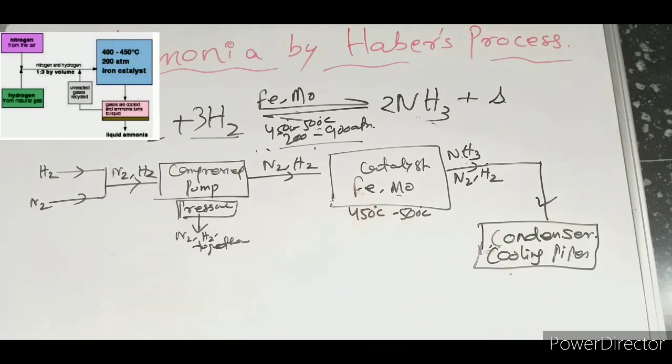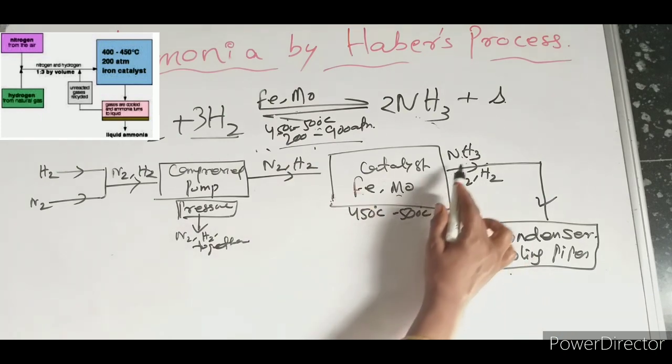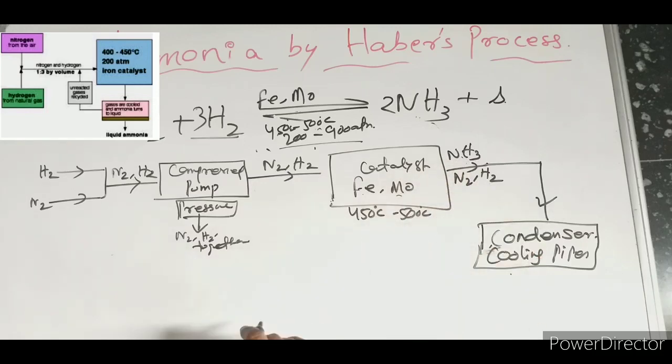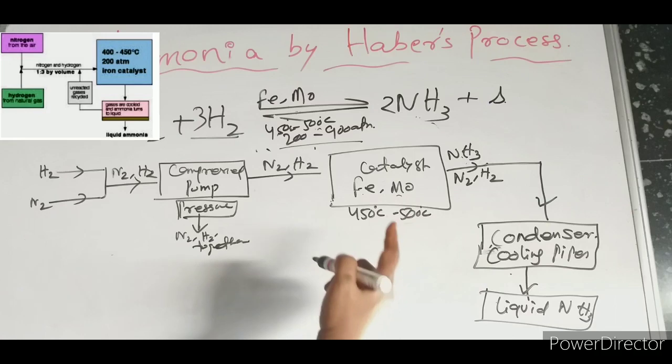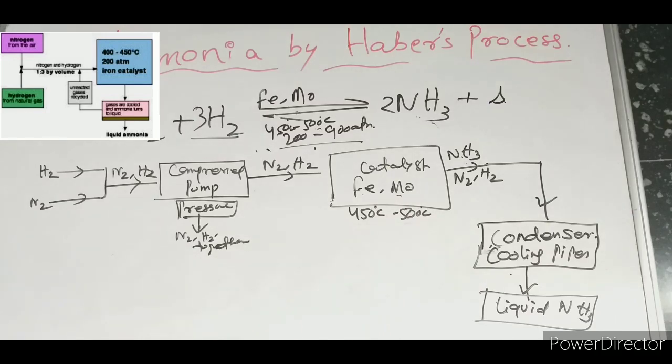When the gases are at a low temperature, all this nitrogen, hydrogen and ammonia is coming. Now in this case, ammonia will liquefy. Here we will collect liquid ammonia, while the nitrogen and hydrogen will still be in the gaseous form because they do not liquefy easily.